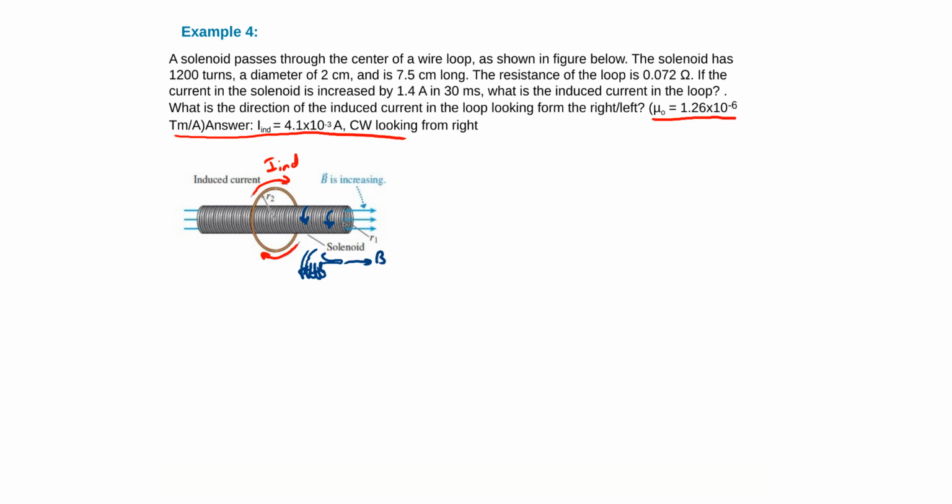Alright, the solenoid has 1200 turns, so that's N, 1200 number of turns. A diameter of 2 centimeters. I'm going to put the radius because we are generally interested in radius. 1 centimeter. I'm converting to meters right away. And the length L is 7.5 centimeters, 0.075 meters.